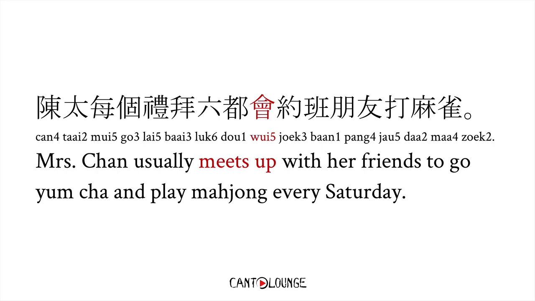So as you can see, this translates back to meets up. So there's no special tense here in English, but because this is habitual, this happens every Saturday, we would use 會 as well. So got to be careful. It's not just for the future. You can also use it to express habitual things and also the conditional, would. Okay, so that's the first modal we're going to have a look at.